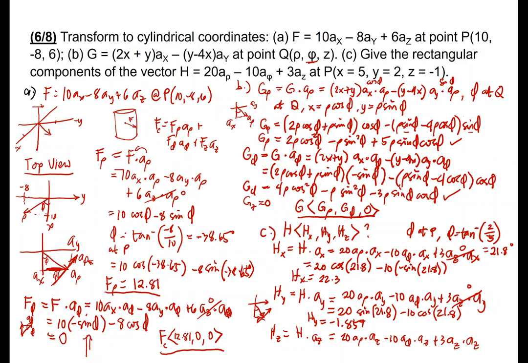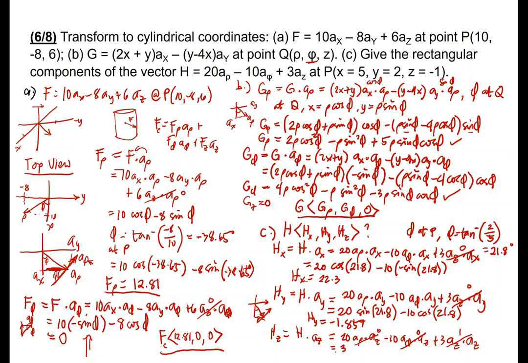If you notice, the rest are 0 except the last term. This one, az dot az, is the same direction, equivalent to 1. Therefore h dot az is equivalent to 3.